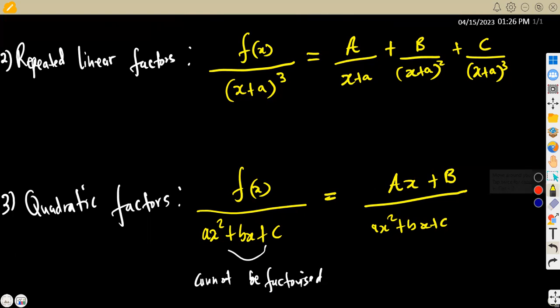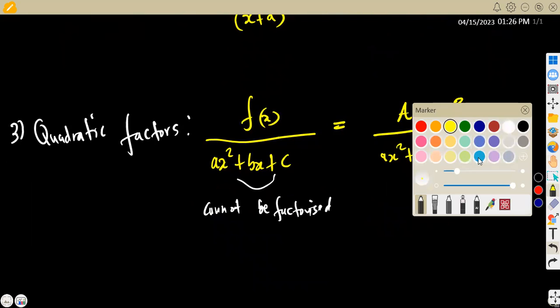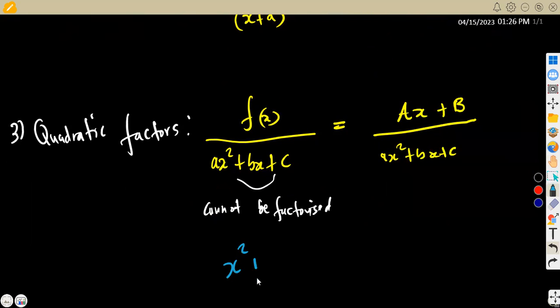Check this: can we factorize x squared plus 2, or x squared plus 3, or x squared plus 9, whatever you're given? We can't factorize these expressions. So these are the ones that we refer to as quadratic factors. On a condition like this, you expand your fraction into this typical part that I'm presenting here.